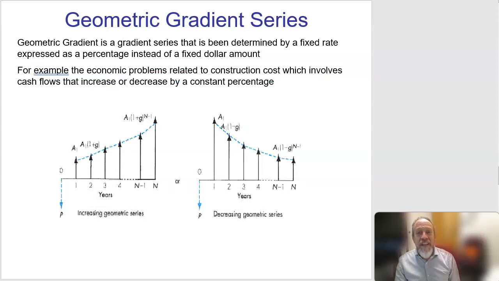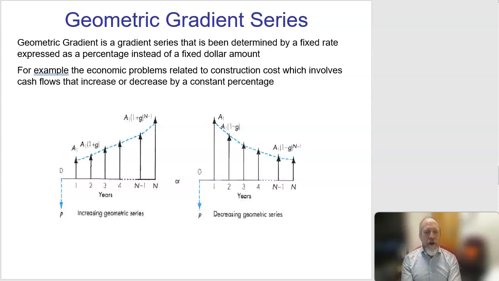And it's not the last of the gradient series. In this last example, the amount of payment changed by a fixed amount every single payment. Well, a lot of times the change of the payment isn't a fixed amount of money, it's a percentage. And if it's a percentage, that is a geometric gradient.